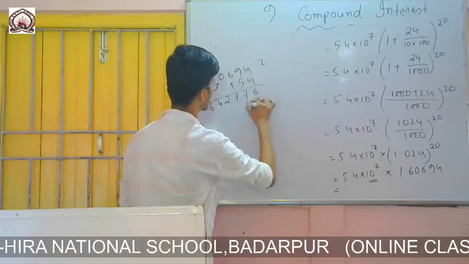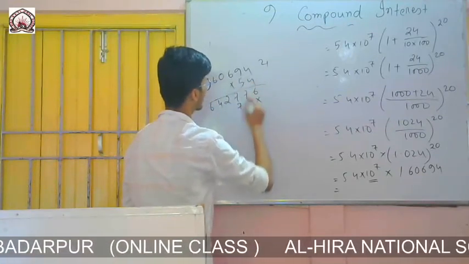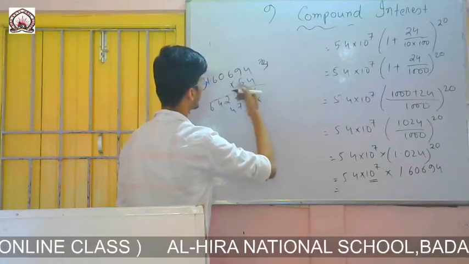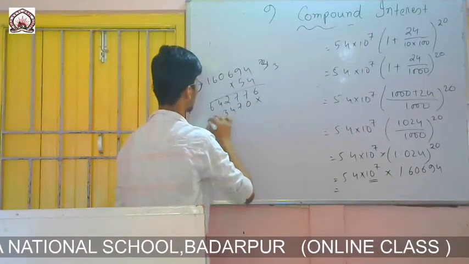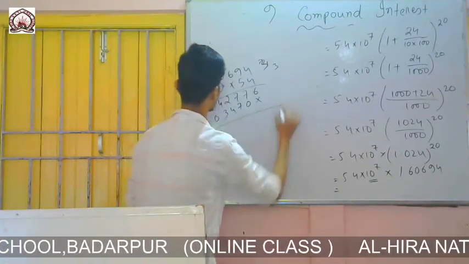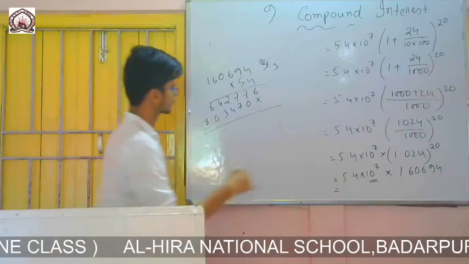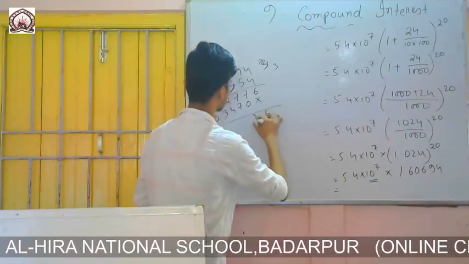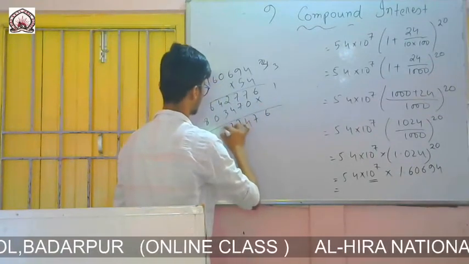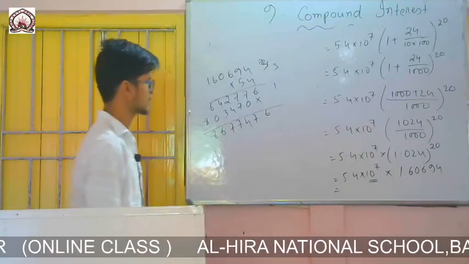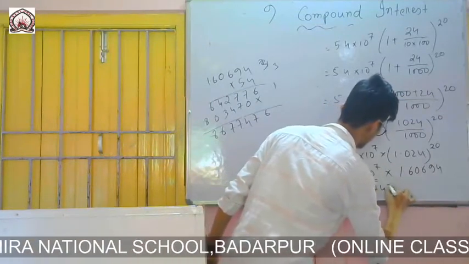Now 5 4s are 20, 0, 2, 5 9s are 45, 46, 47, 5 6s are 30, 34, 3, 5 into 0, so 3, 5 6s are 30, 0, 3, 5 ones are 5, 6, 7, 8. So now you add: 6, 7, 7, 7, 14, 4, 1, then 4, 5, 6 and 1, 7, 8 6 7 7 4 7 6.